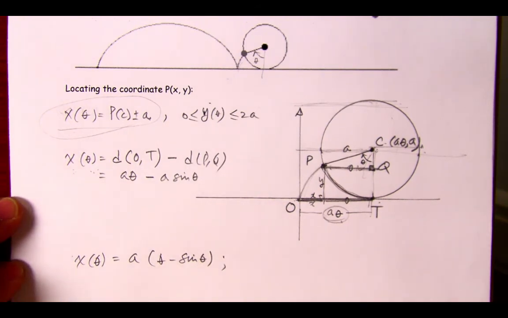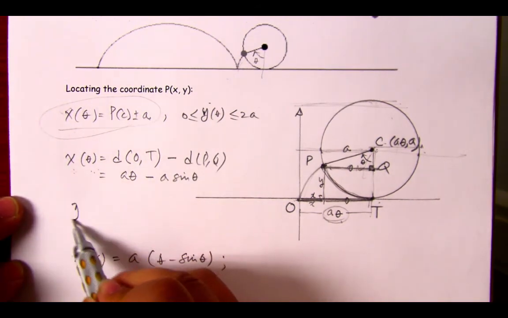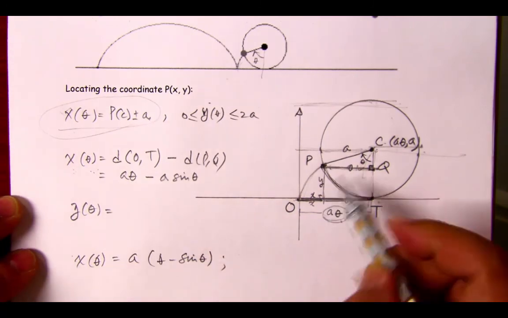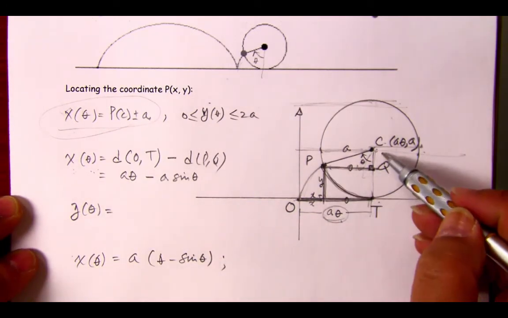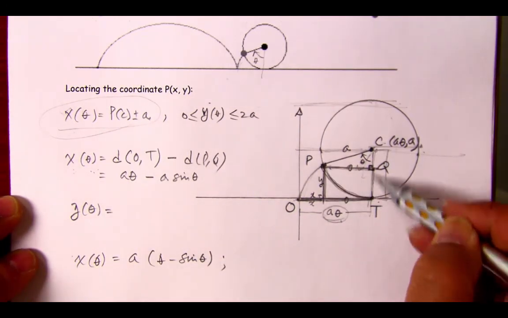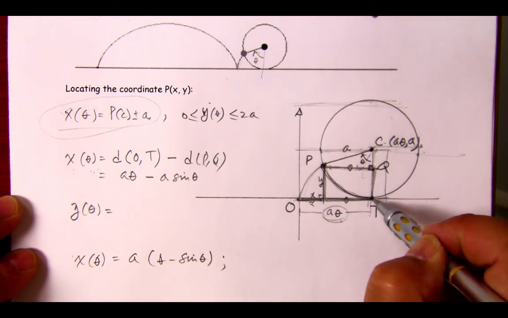Okay? Alright, so what is y of theta here, guys? The y is this height, which is nothing more than this minus this height. Do you all see that?